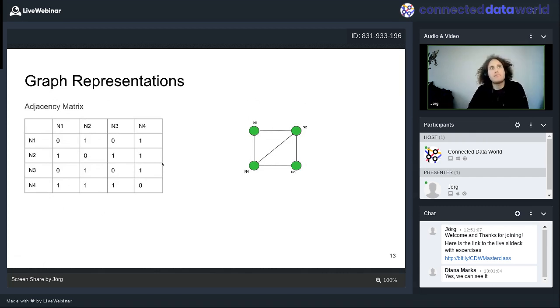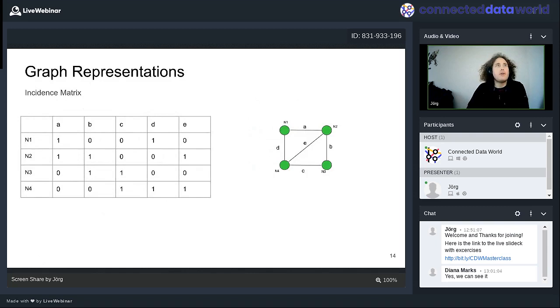Next, we can have an incidence matrix. That incidence matrix is basically saying which of the nodes are incident to any of the edges. For example, here our node N1 is incident to the edges A and D. Similarly, N2 is incident to A, B, E, as we can see here as well.